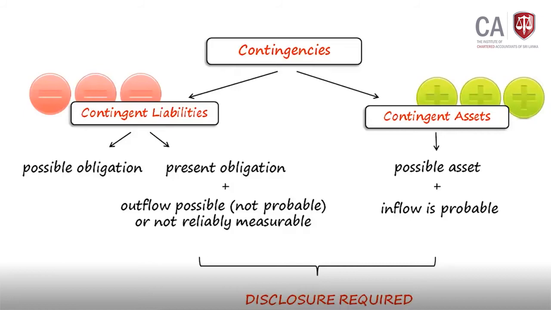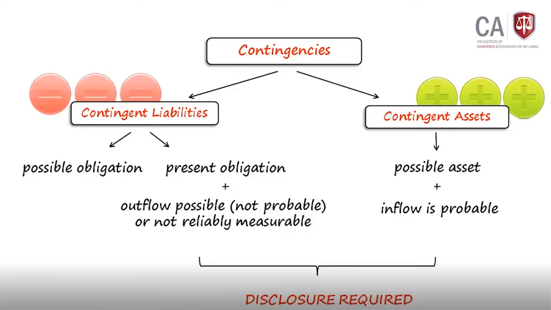Look at this. It's a possible obligation, contingent liabilities. Look at contingent liabilities first. It's a possible obligation, not a probable obligation. If it is a probable obligation, yes, you will recognize a provision. Since that present obligation is a possible obligation, outflow not probable or not reliably measured, therefore no provisions will be recognized for contingent liabilities.